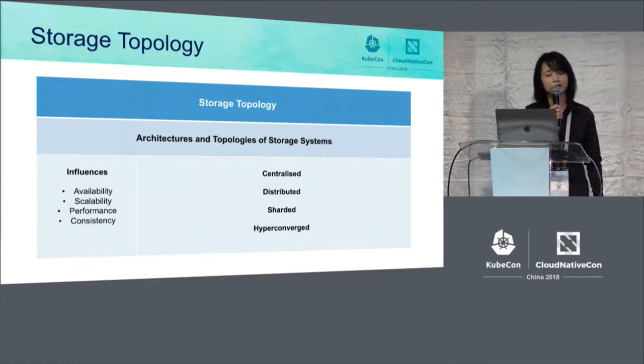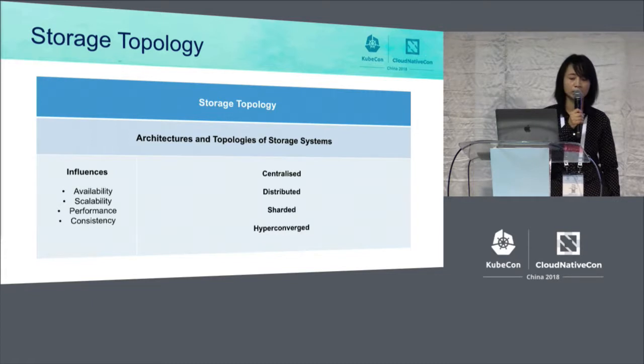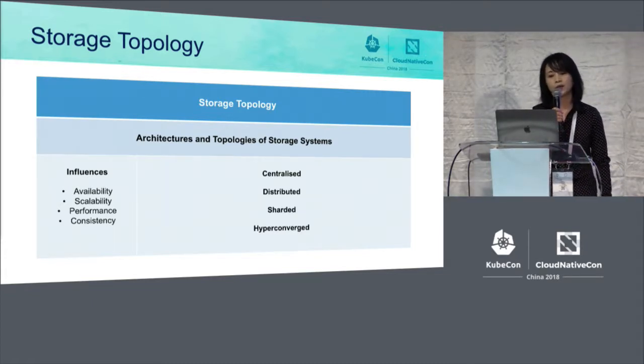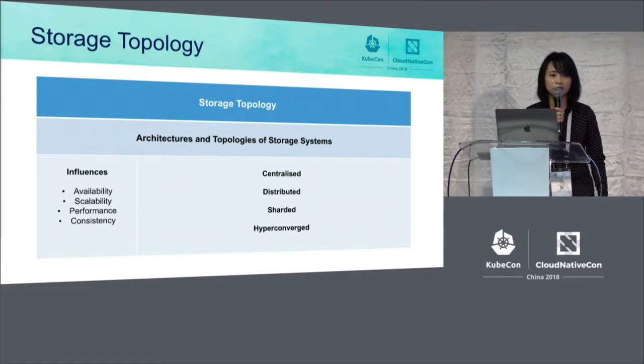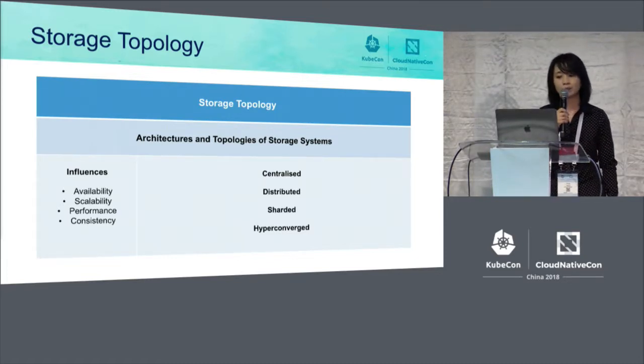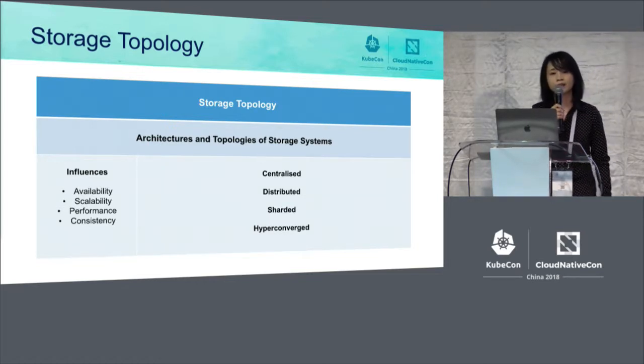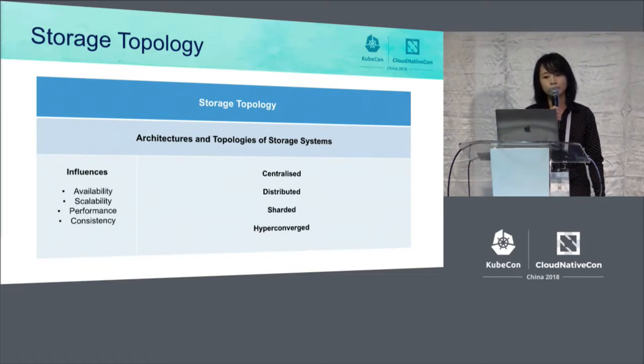So this has similar attributes as the distributed systems. It is very flexible because you could scale your storage nodes together with your compute nodes. But the downside is this tight coupling also means any failure on a node could fail your storage systems.